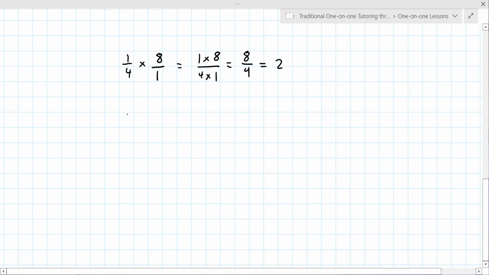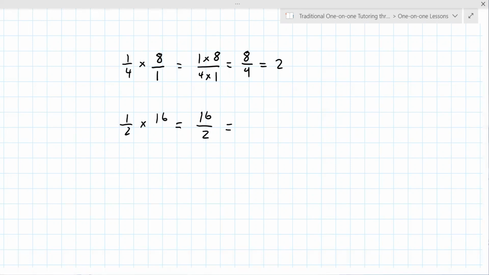Let's try another one here. 1/2 times 16. It's just 16 and 2. What does that reduce to? Half of 16. Oh my gosh, I can't think.